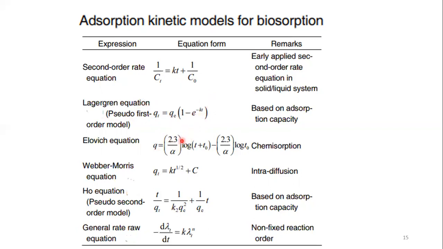Then we have the Elovich equation. The equation is given here, and when this equation is applicable, it means that it is chemisorption. As I told you before, by implementing these equations we can easily find out what is happening inside the beaker: whether it is intra-diffusion, a first order reaction, or whatever the case may be.